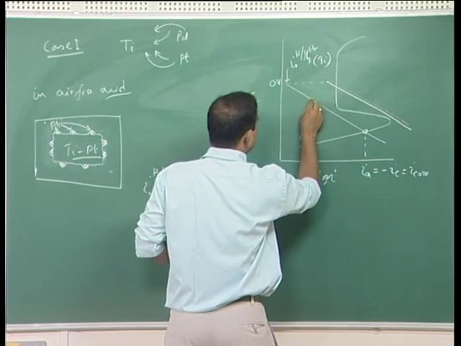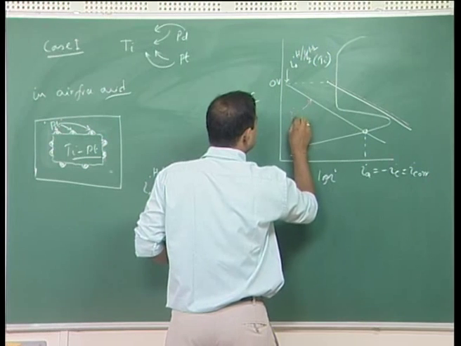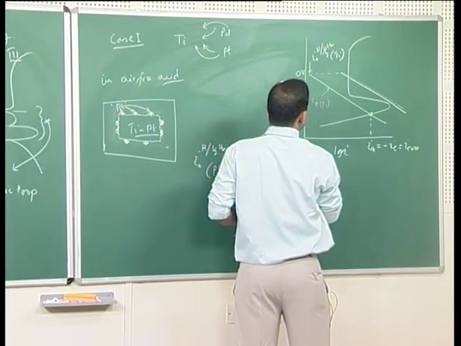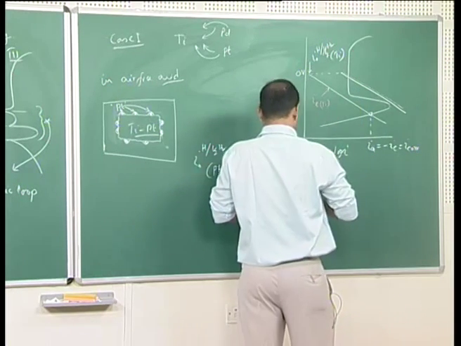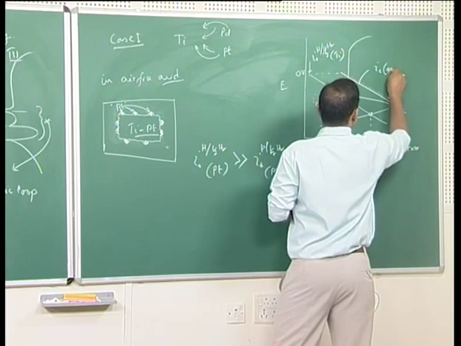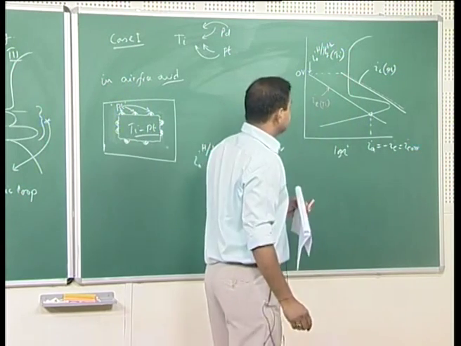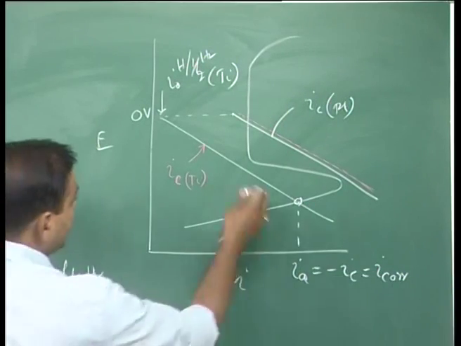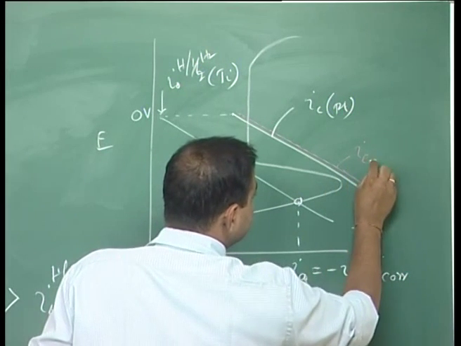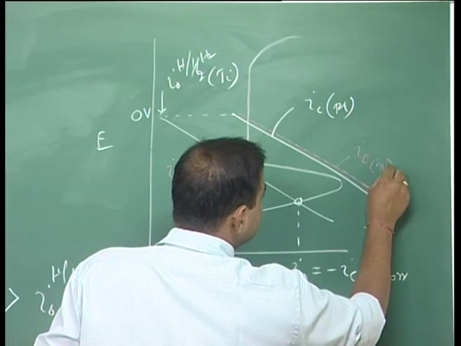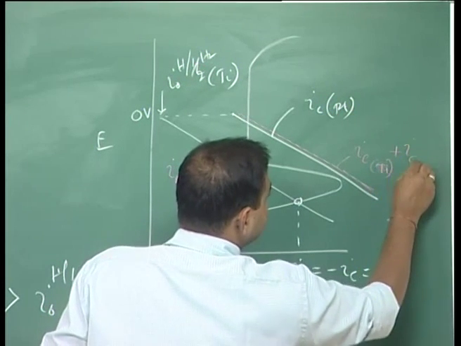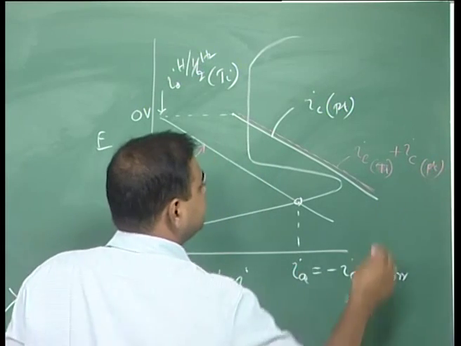This is my IC on titanium surface and this is my IC on platinum surface for this hydrogen evolution reaction, and the red one is IC titanium plus IC platinum.